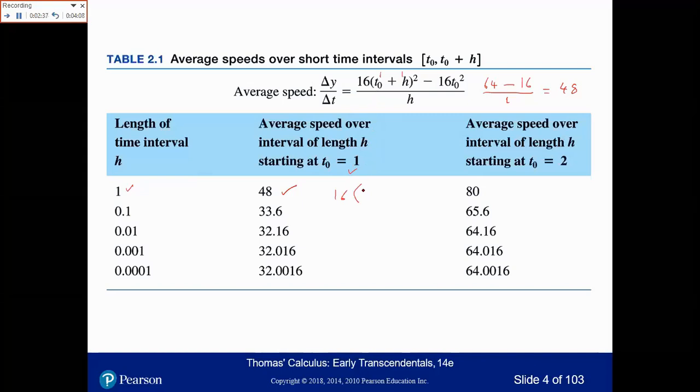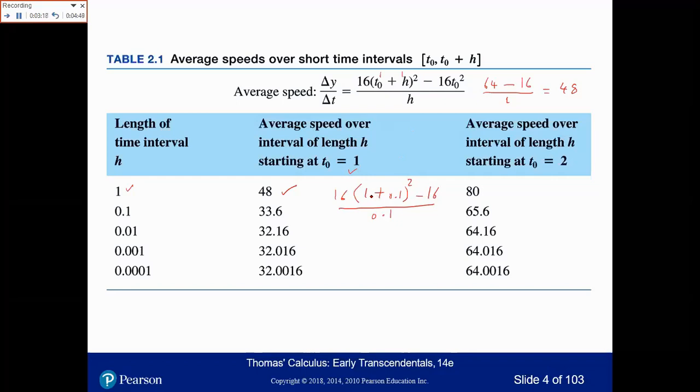So it will be 1 plus h, which has changed because we're going to use h equals 0.1. So this is plus 0.1, all squared, minus 16 times t0 squared, 1 squared is 1, so just minus 16, divided by 0.1.